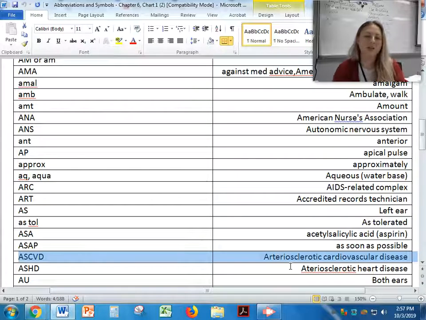Okay, arterial sclerotic, this is pertaining to the arteries, the hardening of the arteries. So arterial is artery, and then sclerotic means hardening. So this is a disease in the heart and the vascular system where the arteries have hardened. Okay.